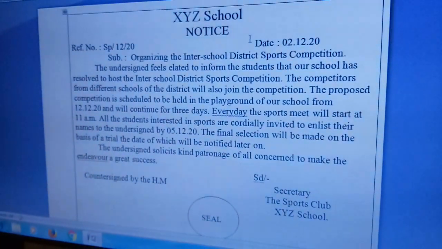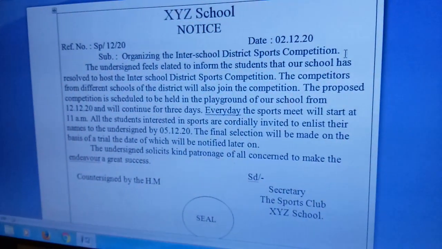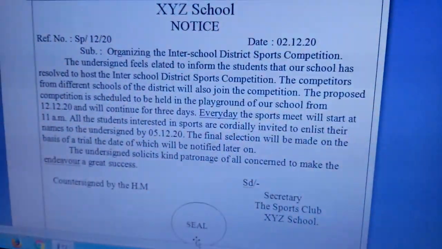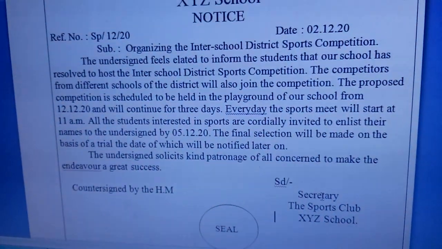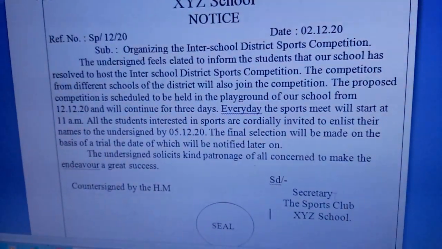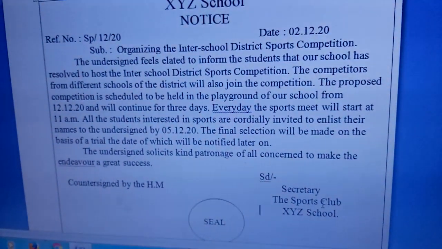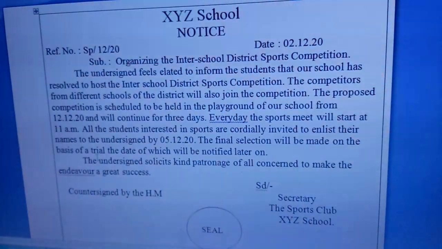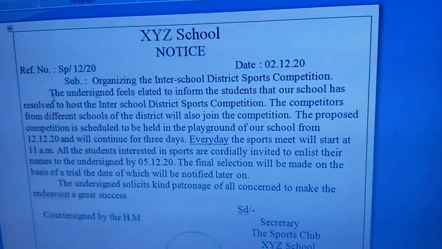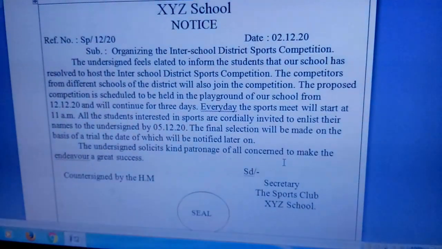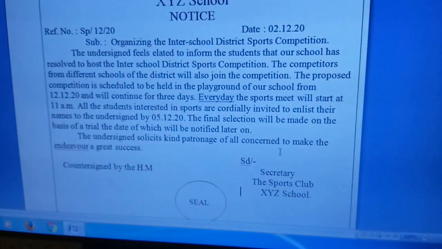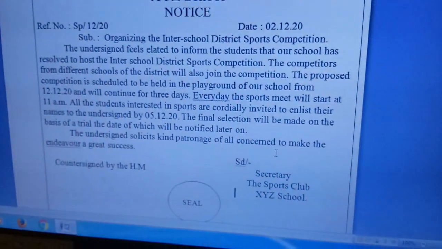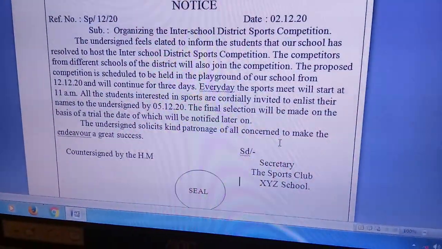That is the form: XYZ school, notice, reference number, date, here countersigned by the HM, seal, and your signature, your designation, name of the office, and name of your school. That is the form, and that is the body of the notice. Perhaps I have made you understand what I wanted to say.